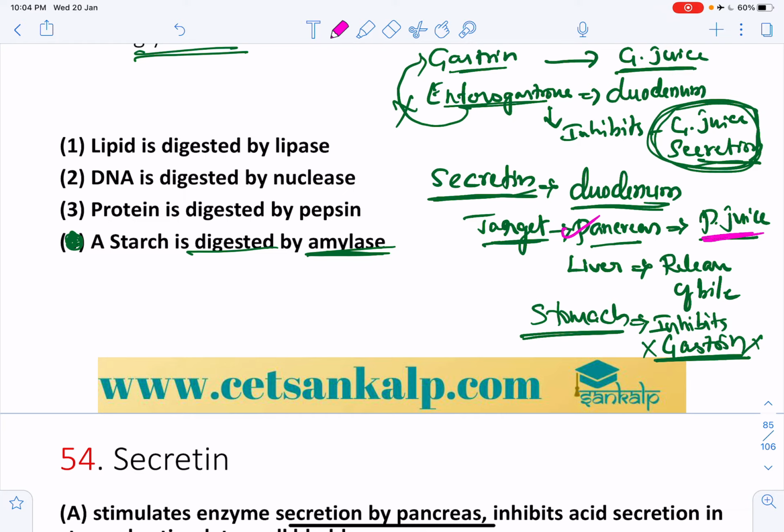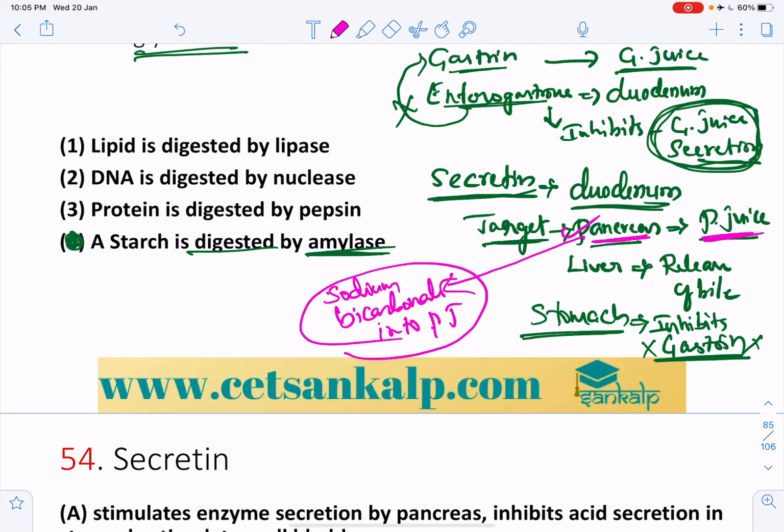Mainly keep in mind, it targets the pancreas, where the pancreatic glands release sodium bicarbonate into the pancreatic juice.